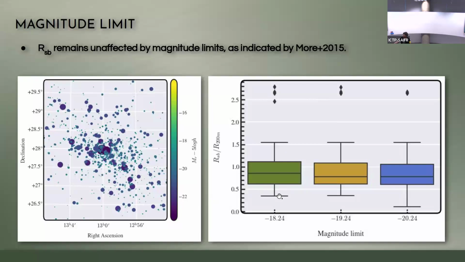Okay, thank you. Lucas, did you check the properties of these outliers? No, there wasn't time. Maybe it's interesting. It's 2.5 times R500, in the interval of 1.5 radius. Yes, I agree.